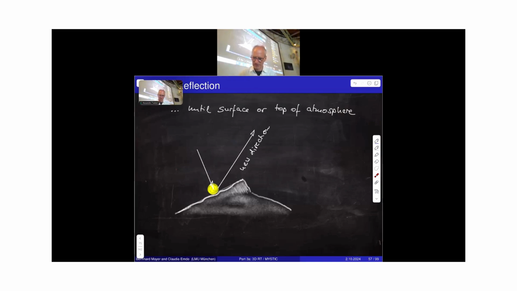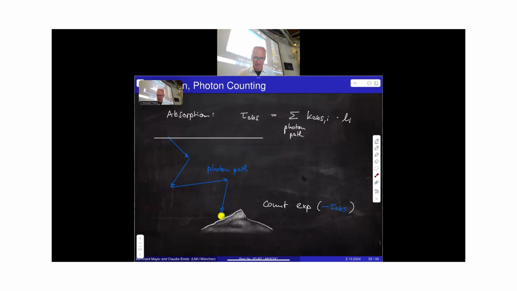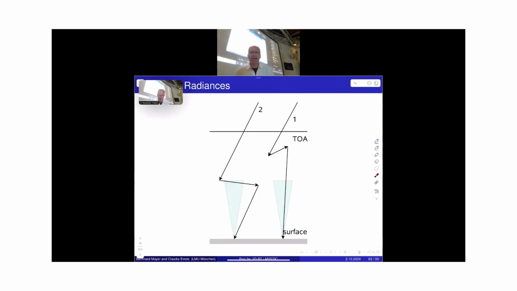Good. So this is good old straightforward Monte Carlo tracing. There are different techniques. I'm jumping over it since we have to save some time. When it comes to radiances, for instance, I was just talking about the total number of photons reaching the ground. When it comes to radiances, things become more difficult. With a radiance, you're interested in photons in a certain direction.